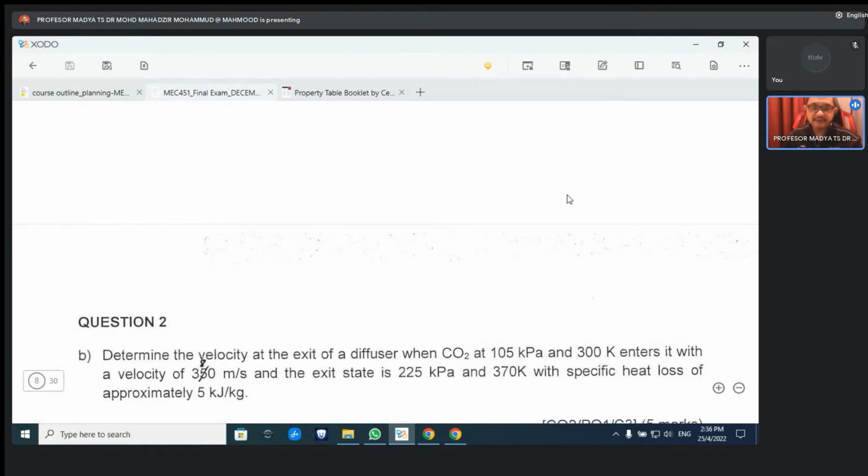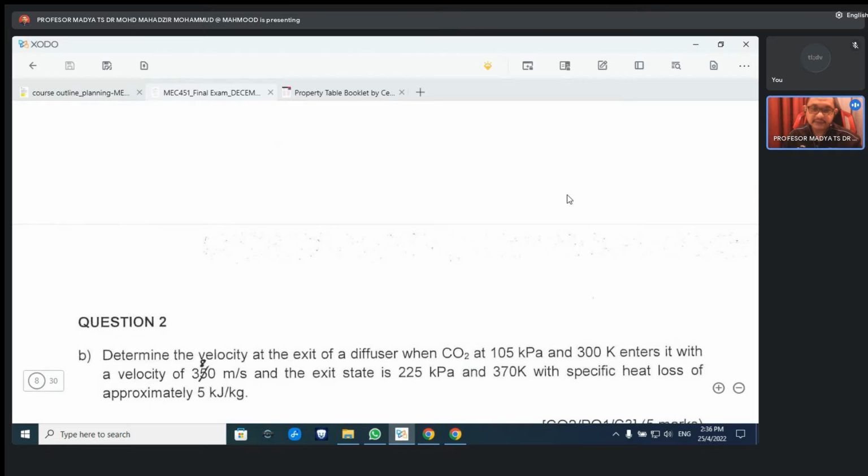Okay. So for the velocity, we know that in chapter number 3, the first law, focusing on the open system, we have the equation named SFEE, where the equation is Q minus W is equal to delta H plus delta kinetic energy plus delta potential energy.